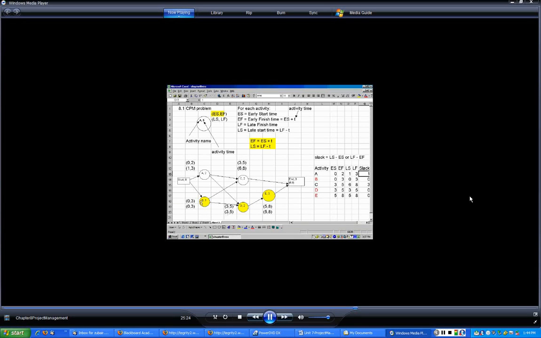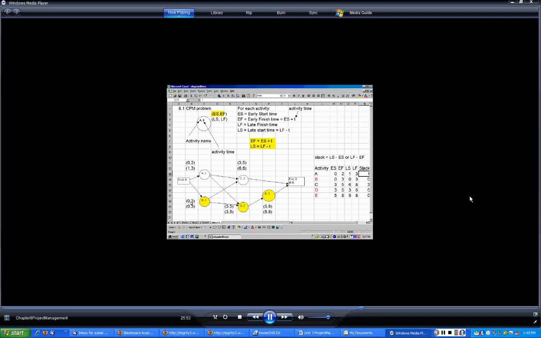So the latest finish for B is 3, and minus 3, the latest start is 0. For activity A, the latest start for D is 3, so the latest finish for A is 3. It could be 6 for the same reasons I just said, and the latest start is 3 minus 2, which is 1.